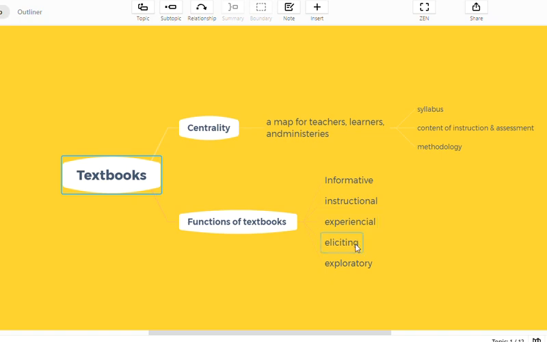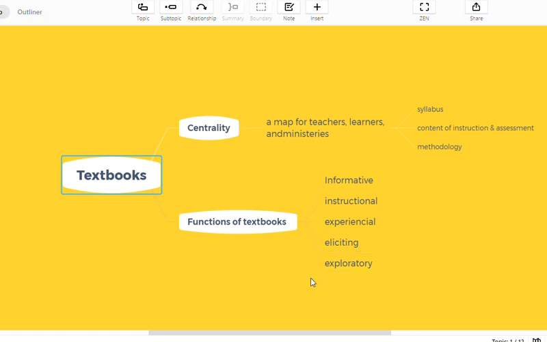The other one, which is again much more important than the first two, and as important as the third one, is eliciting. Eliciting means asking the students to use or put into use whatever they have learned.